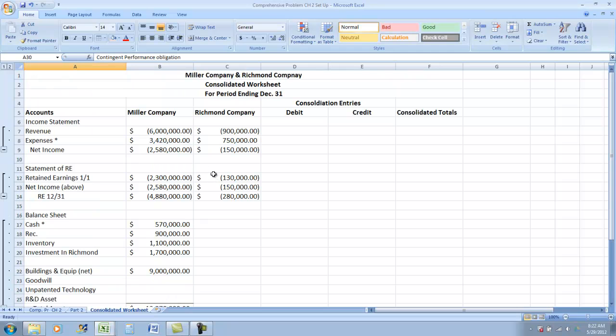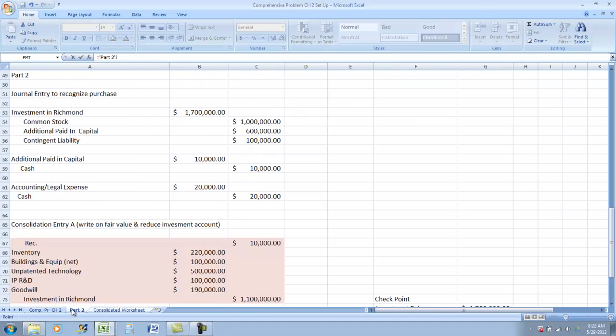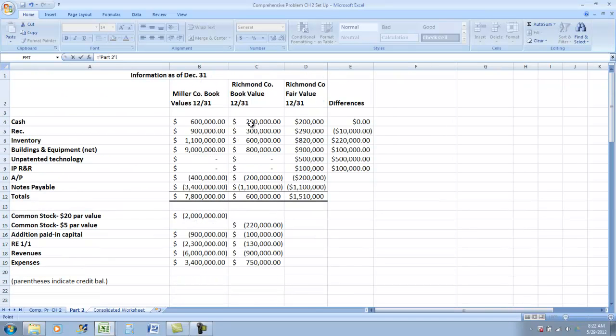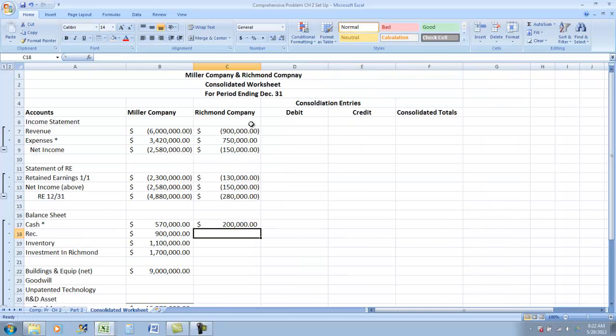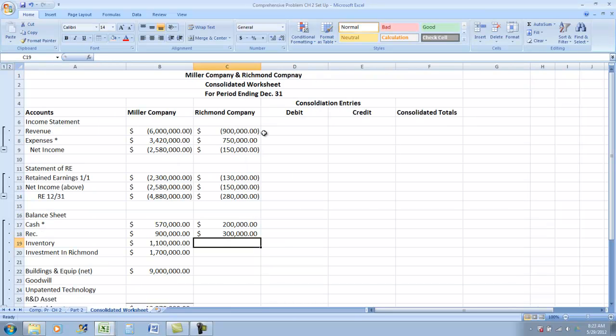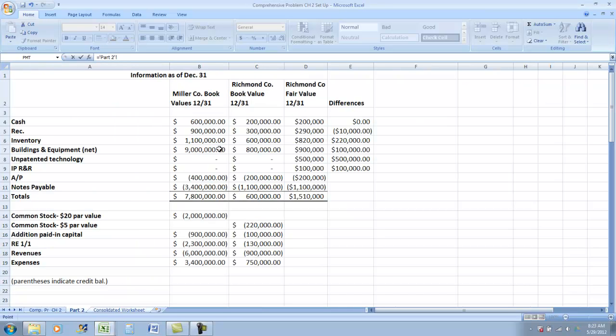Now we have Miller's starting balances adjusted for the actual transaction that took place in purchasing Richmond. We need to put Richmond's book values. Remember, we're putting book values here, not fair value. So Richmond's book value, cash. Their book value on receivables. Book value on inventory.